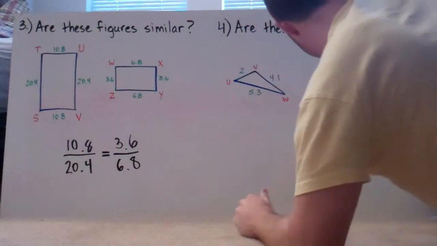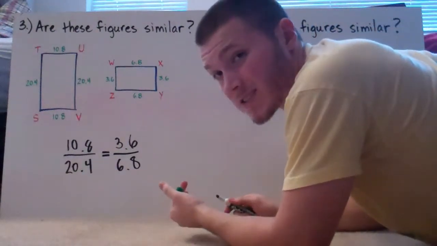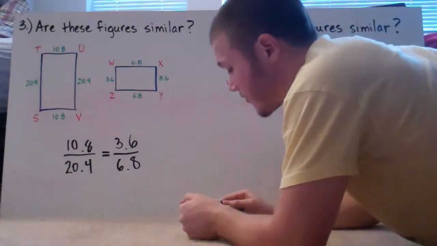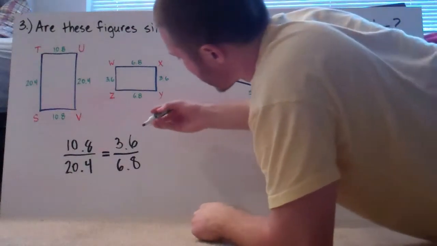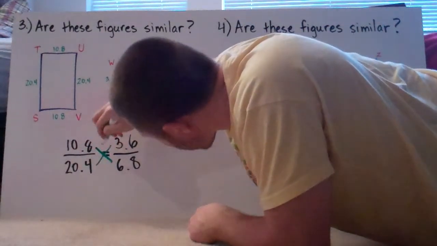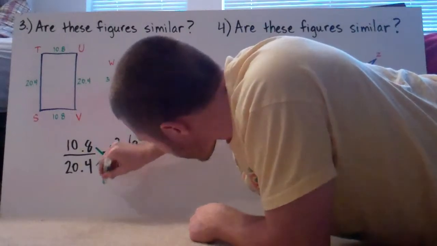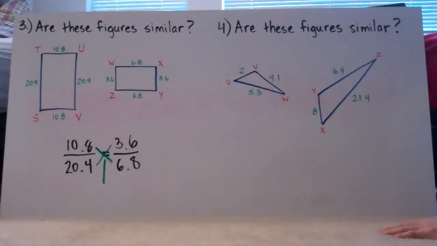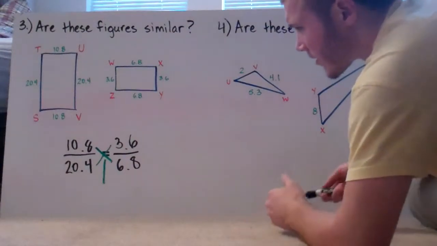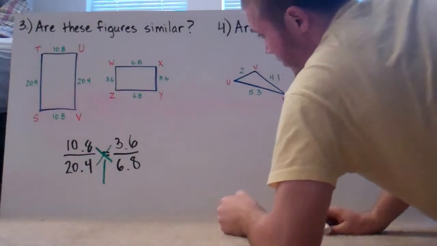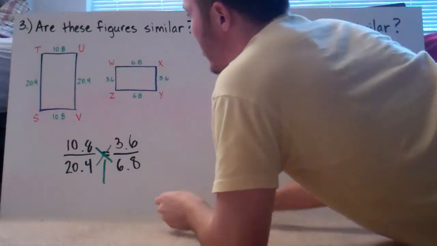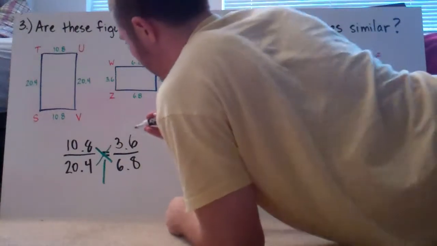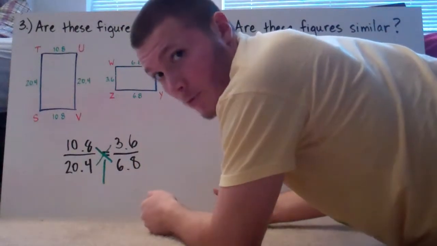So now, to check to see if these two figures are similar, what we need to do is cross multiply. When I do that, I get 73.44 when I do 10.8 times 6.8.